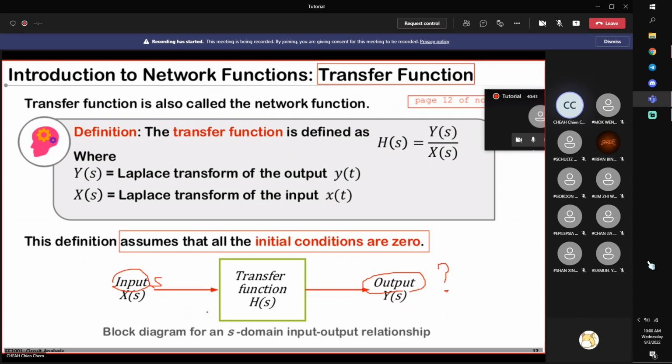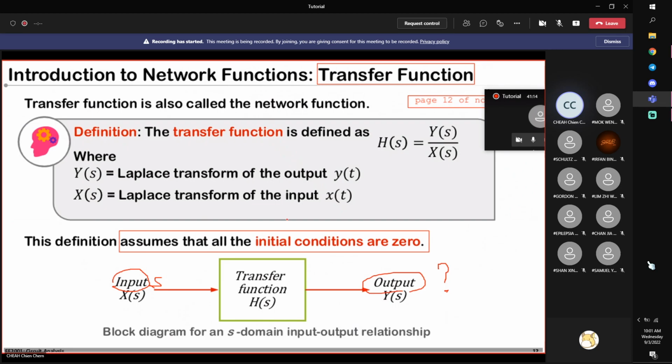Instead of solving the circuits over and over again for different types of input, we first model the relationship between general inputs and output. After that, we just use that model to find the output with any input, then expand out using partial fractions and take the inverse Laplace transformation, and we get the output that we're interested in. So this is the basic idea.